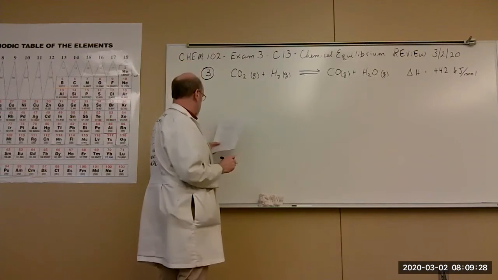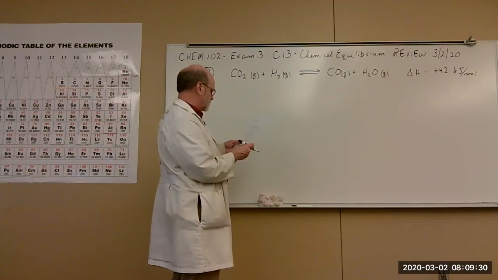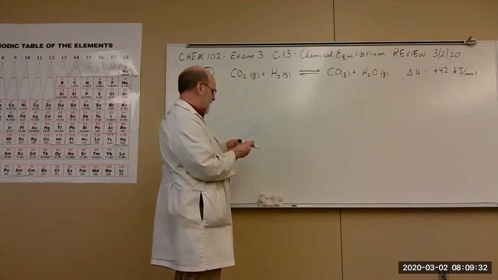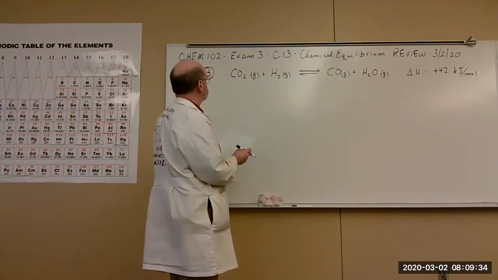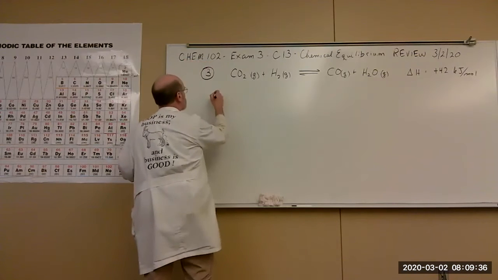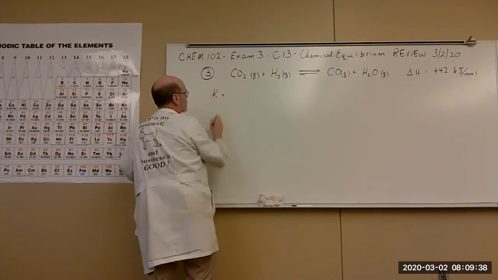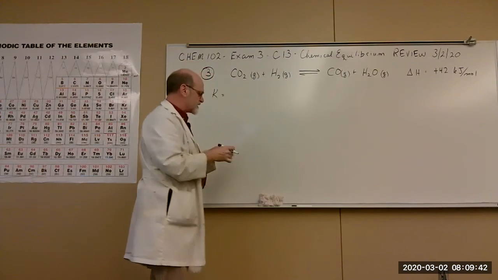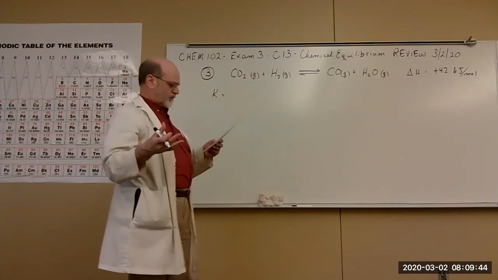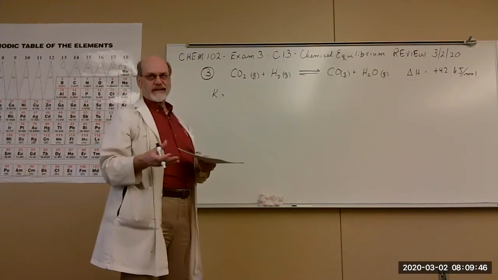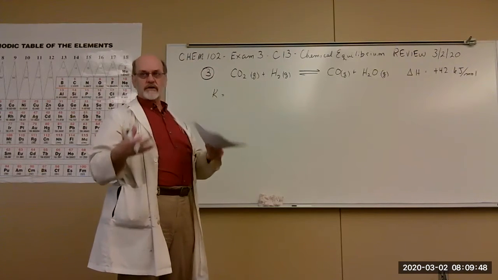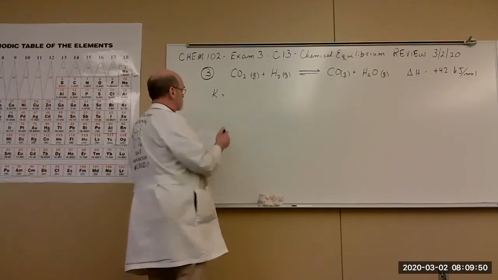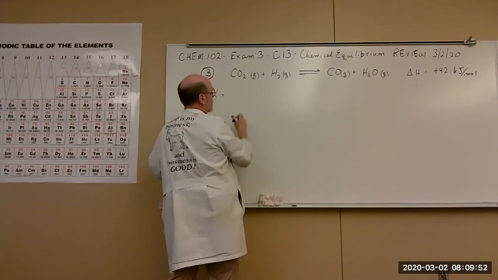Okay, so we're also given the K value at 1260 K. So if we're given the K value, then it's got to be equal to something. And since it doesn't give you a subscript for K, you assume that it's a KEQ, which usually means that the concentrations are in molarity.